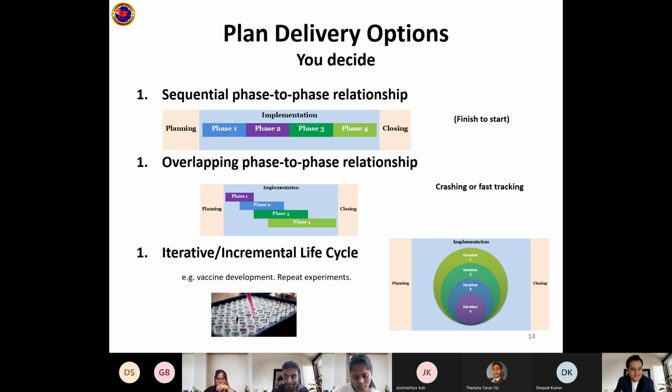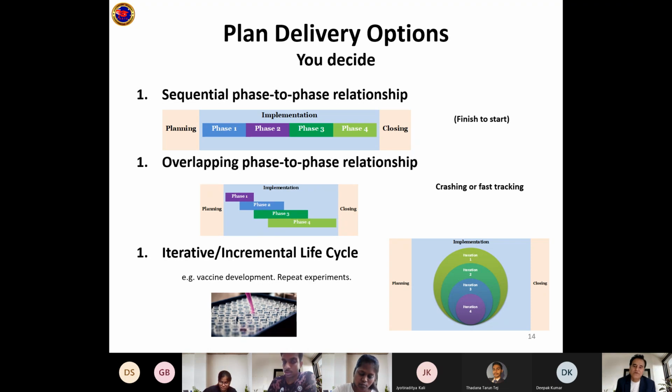So can we assume that it is an agile methodology because it is shown as fast tracking? Because agile is a quick product cycle. Correct. Remember, the start and end of the sequential is so long, whereas when you stack it up like the overlapping phase, it is crashing, it is shorter.